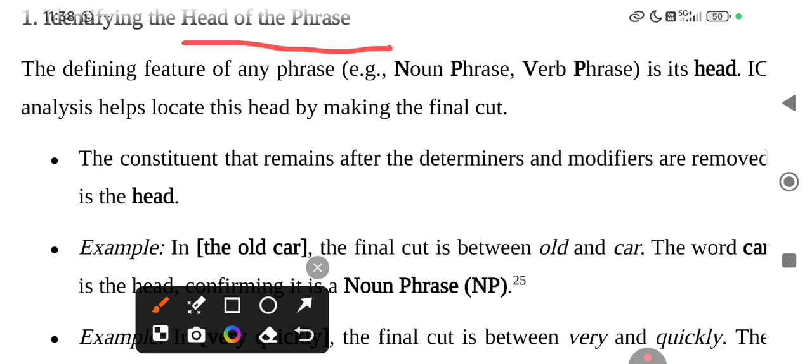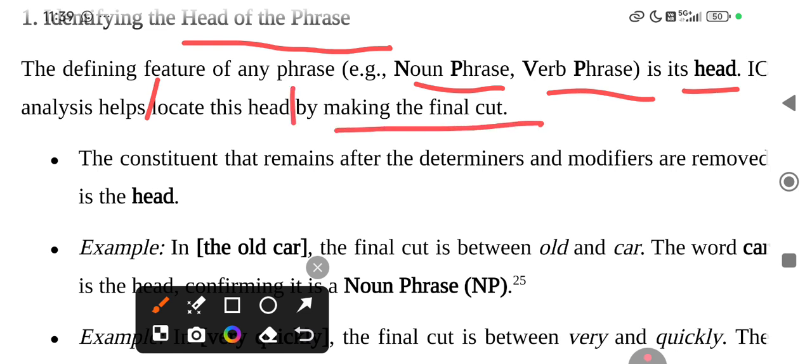That is the defining feature of any phrase, noun phrase or verb phrase: its head. IC analysis helps locate this head by making the final cut. The constituent that remains after the determiners and modifiers are removed is the head.